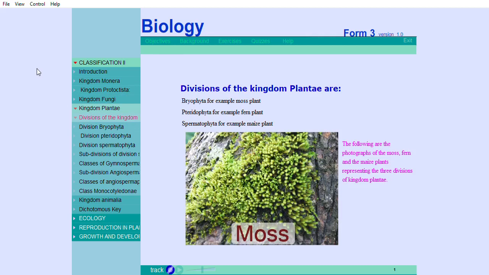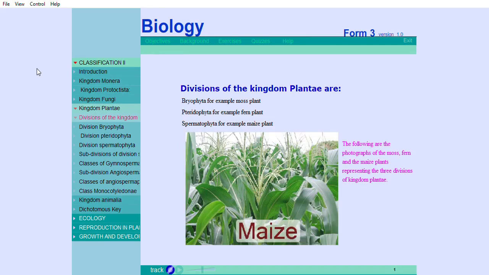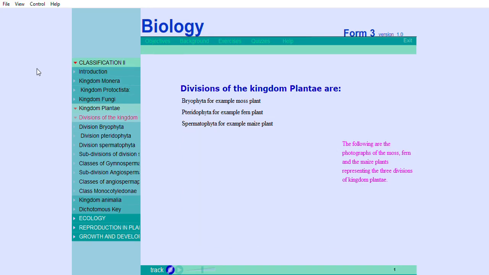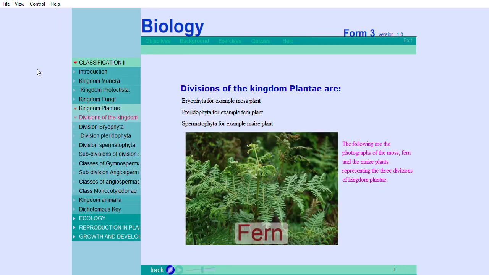Divisions of the kingdom Plantae are Bryophyta, for example, moss plant, Pteridophyta, for example, fern plant, and Spermatophyta, for example, maize plant. The following are the photographs of the moss, fern, and the maize plants representing the three divisions of kingdom Plantae.